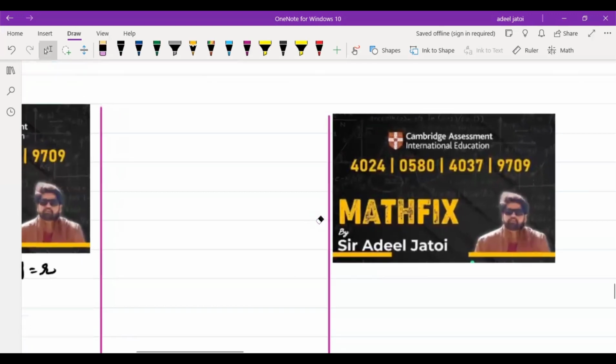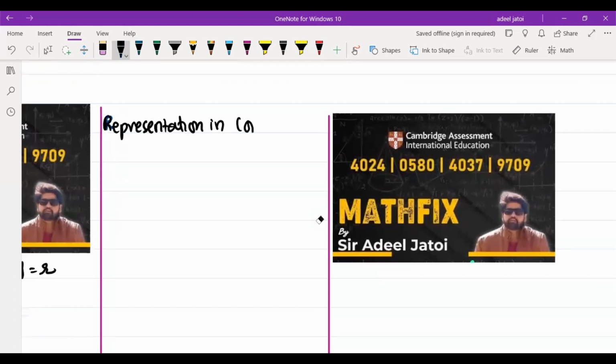So that means the representation in complex numbers of 2 points.